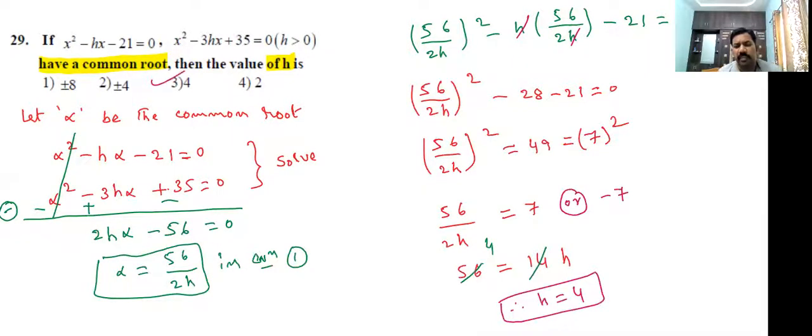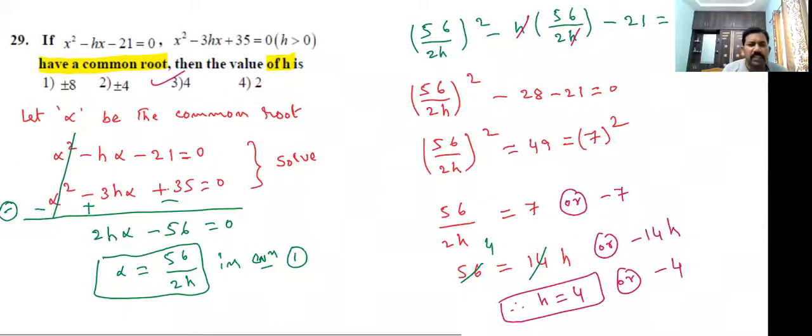At that time you will get 14h or minus 14h, and the h value is either 4 or minus 4. But see the question clearly, h is greater than 0 is given. So h is equal to 4 is the correct answer. Minus 4 is the wrong answer. Remember it.